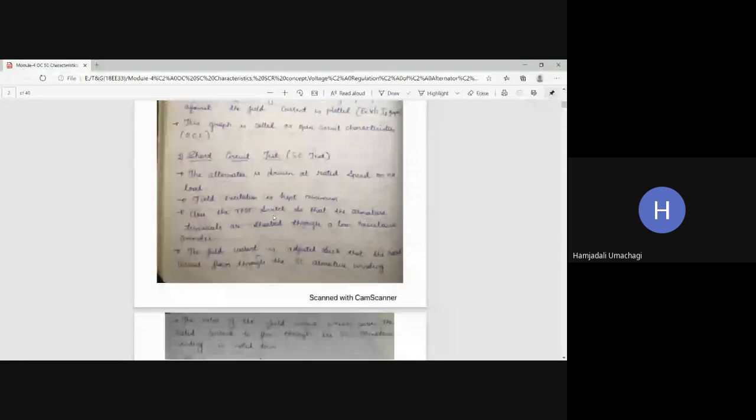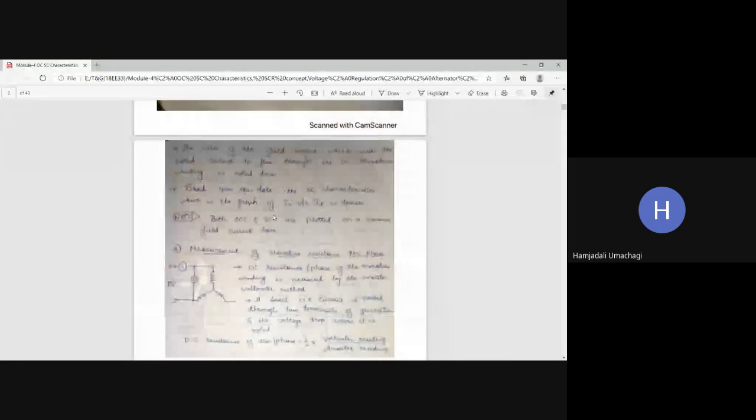OCC characteristics means what? SCC characteristics means what? OCC means it is the graph here. This is the y-axis and this is the x-axis. So for OCC, the y-axis will be voltage E0 in volts, whereas the x-axis will be field current IF in amps.